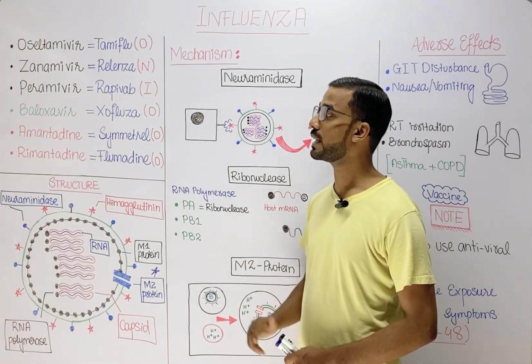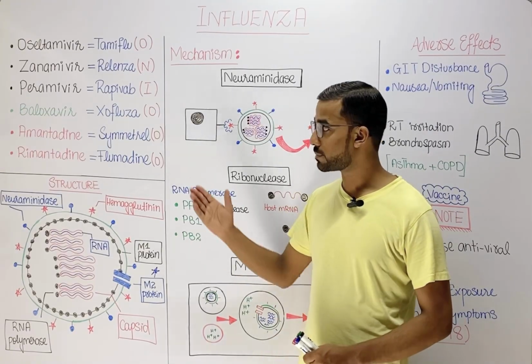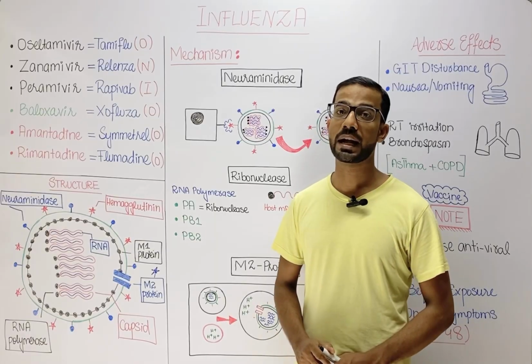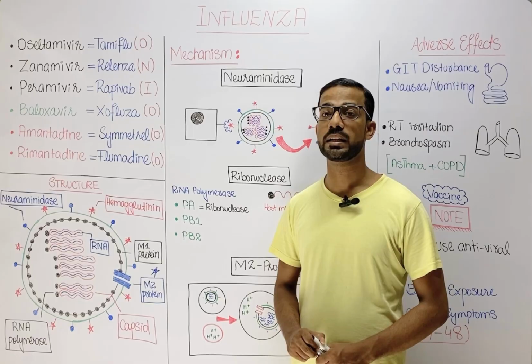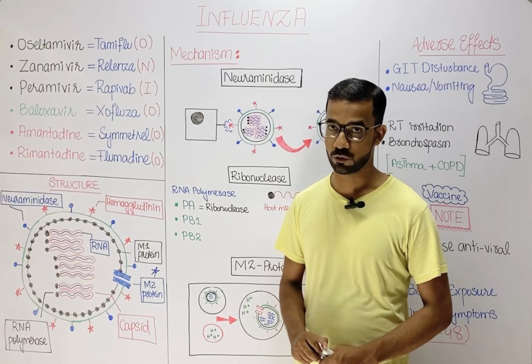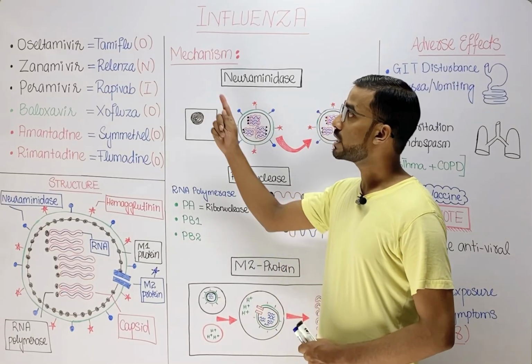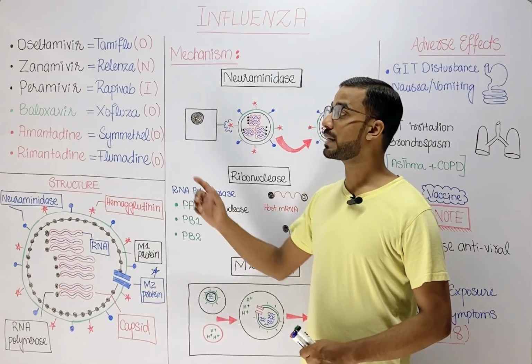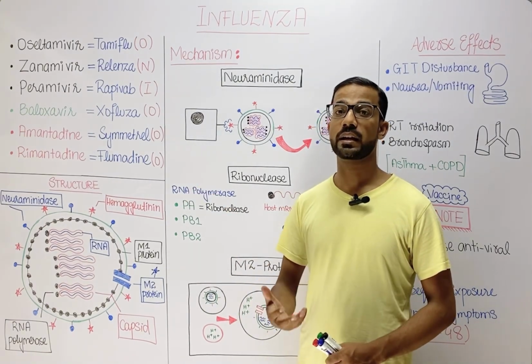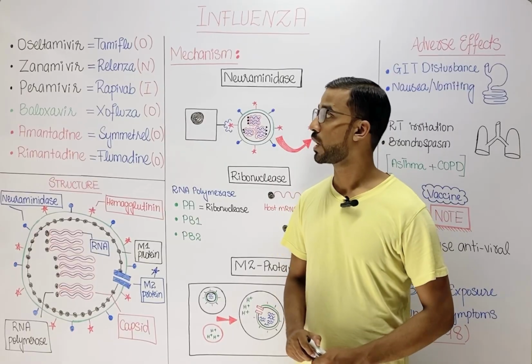And the third category is Amantadine, its brand name is Symmetrel, and Rimantadine, and its brand name is Flumadine. These drugs target the M2 protein of the influenza virus. Oseltamivir, Baloxavir marboxil, Amantadine, and Rimantadine are taken through the oral route.